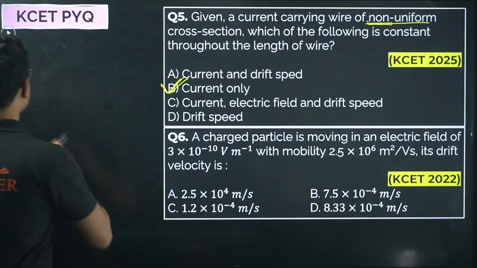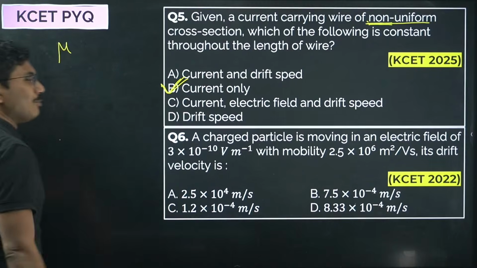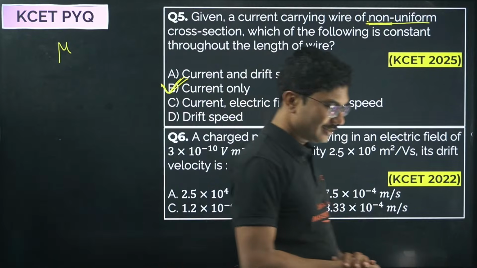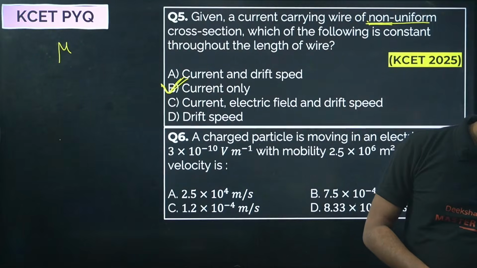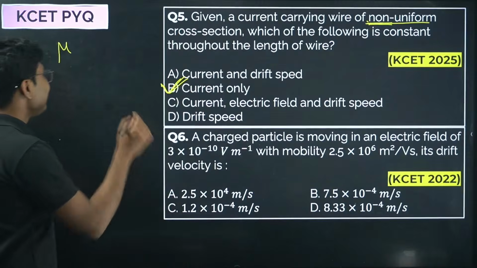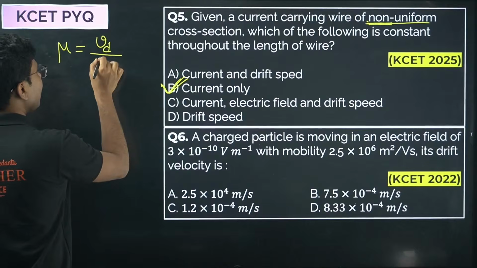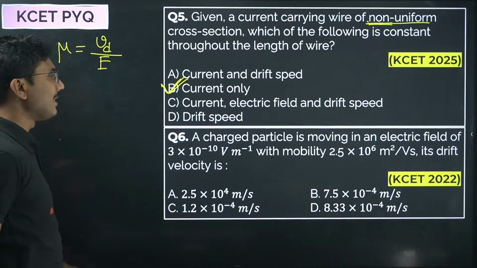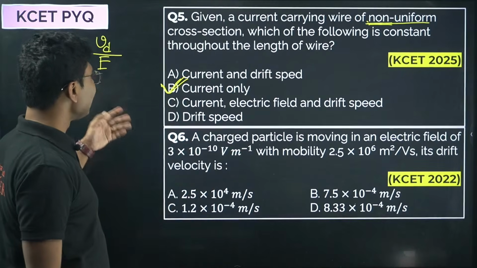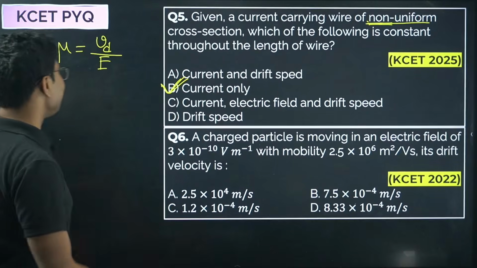So what is mobility? Mobility is the mobile phone that you are using, right? What is mobility? Mobility is drift velocity per unit electric field. Now if you read the question again, electric field is given, mobility is given, you are trying to find drift velocity or drift speed.